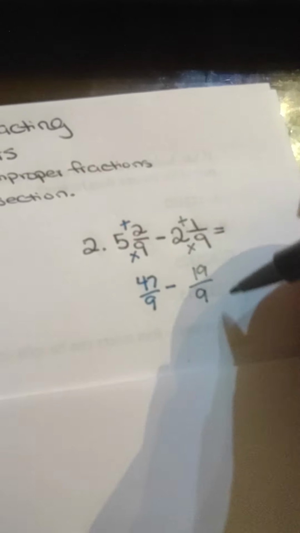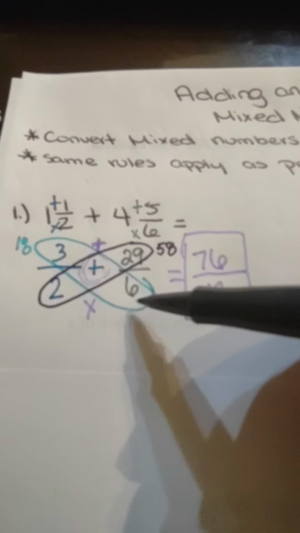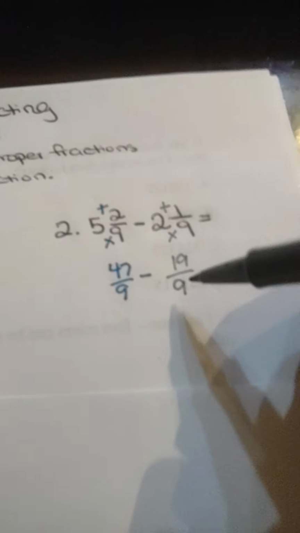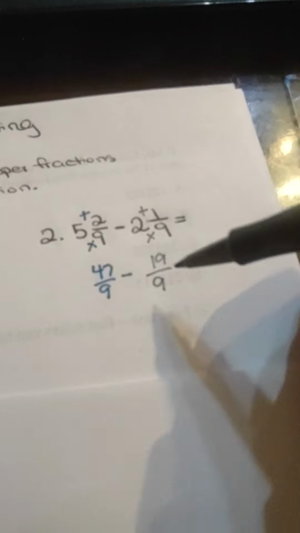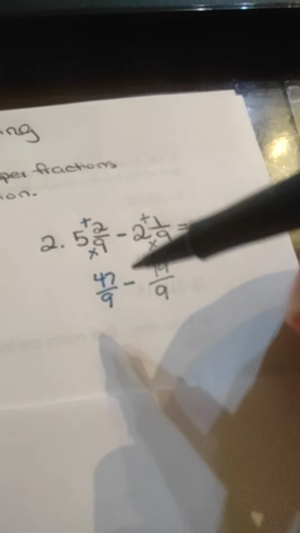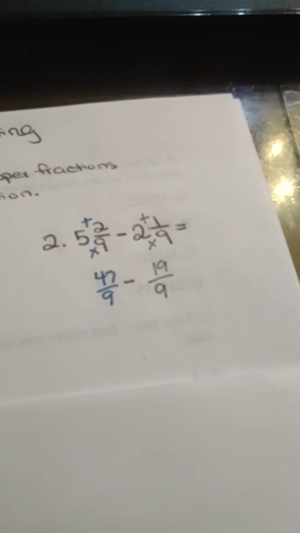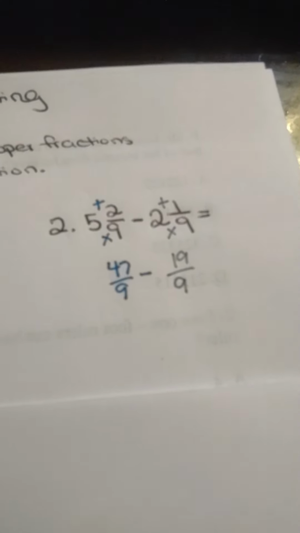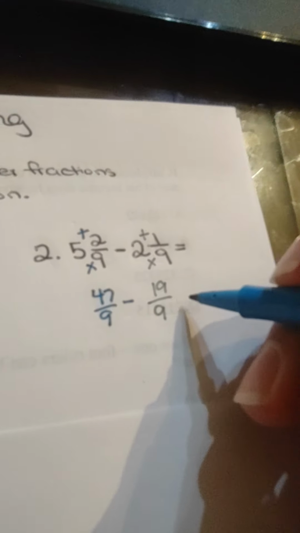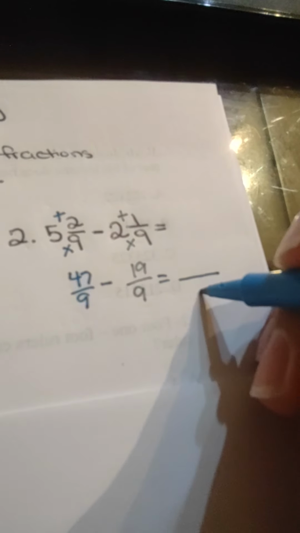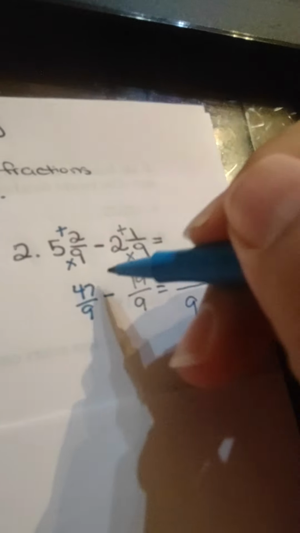And I keep my denominator. Now normally I would do the multiplying, but if you notice, I only did this because my denominators were different. In this case, my denominators are the same. Therefore, I don't have to do all of that multiplying and then subtracting. I did this on purpose, so you see I don't have to do it every time. I'm just going to keep my denominator because it's already the same, and I'm just going to subtract across.